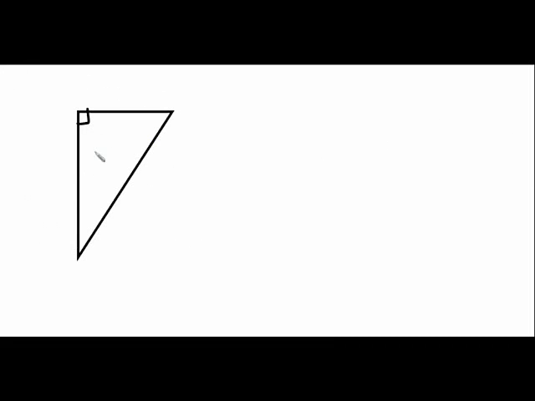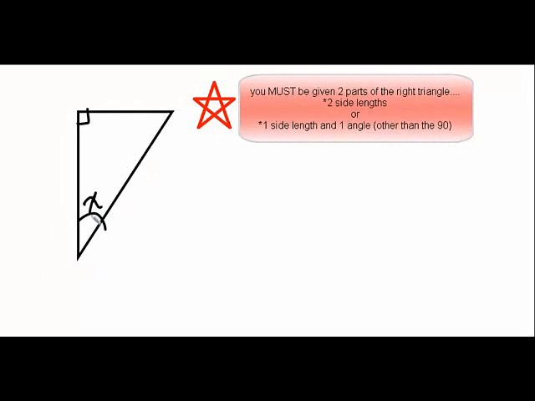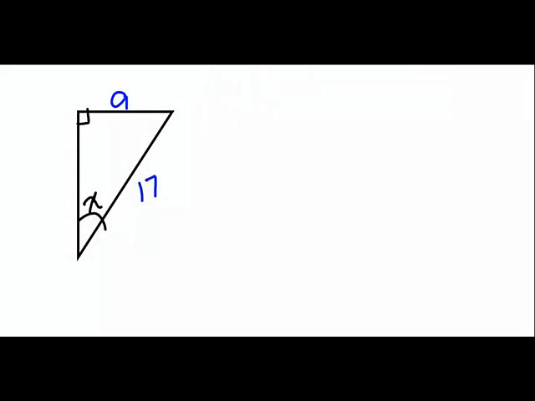So if this is our right angle, and we're asked to solve for angle x, we need to be given some sort of information. You have to have at least two pieces, either an angle and a side or two side lengths. In this one we're looking for the angle, and we're given two side lengths. I'll tell you that this is 9 and that this is 17, and we don't know this side.